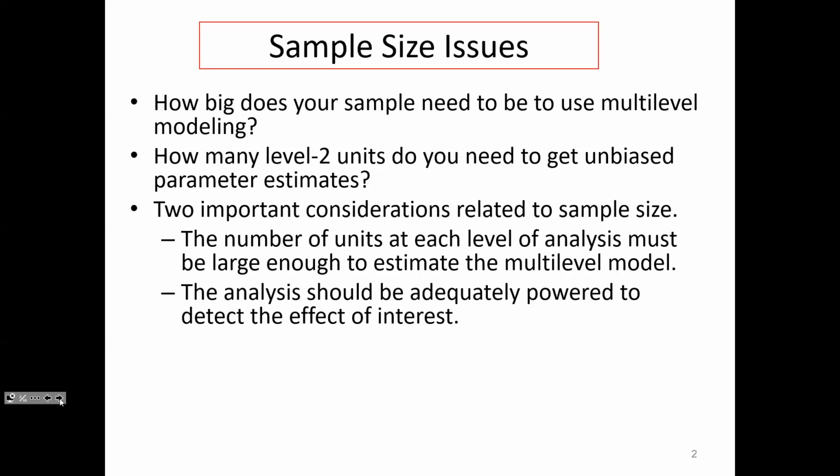If your effect is very, very large, you might be adequately powered to detect an effect of interest, but still be short in terms of the sample size that you really need to run the kind of model that you want. Conversely, you could have more than enough people to run the model and get unbiased parameter estimates, but still be woefully underpowered to detect the effects of interest. So I really like to think of these as two separate issues.